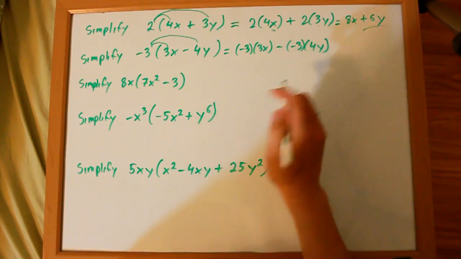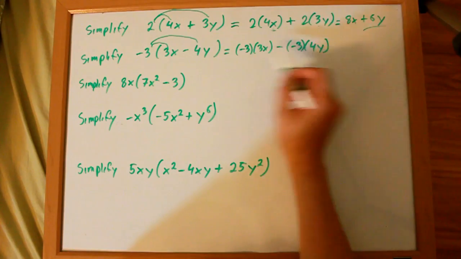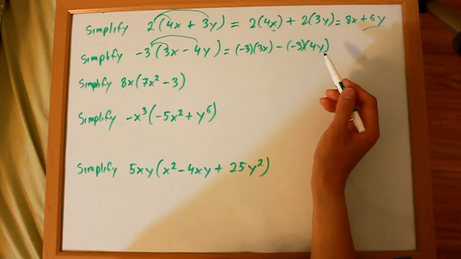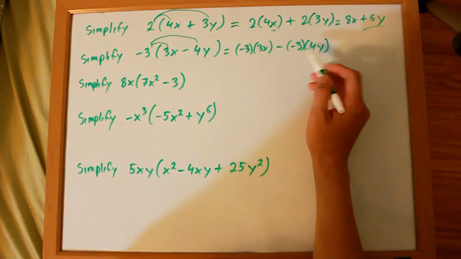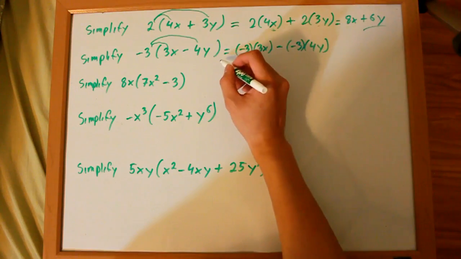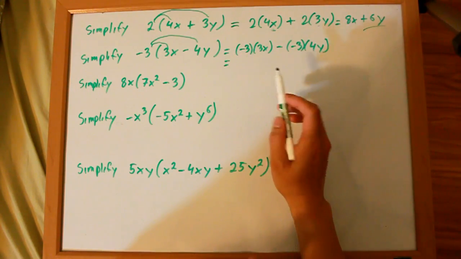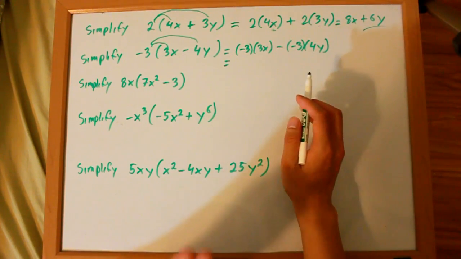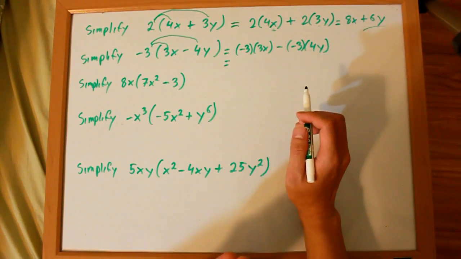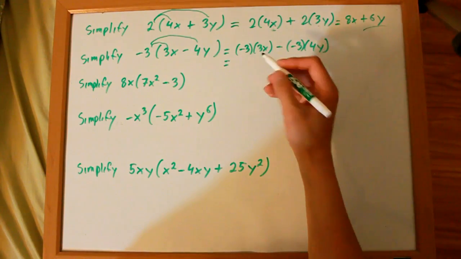4y. Now, why didn't I include the negative 4 in here and turn this into a plus sign? Because I want to show you how this negative sign affects the problem altogether. So this is the long way of doing it, but I want to show you what it looks like. You can always shortcut it later yourself if you want.